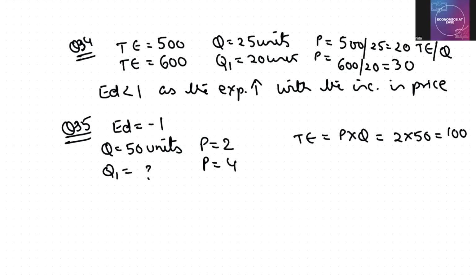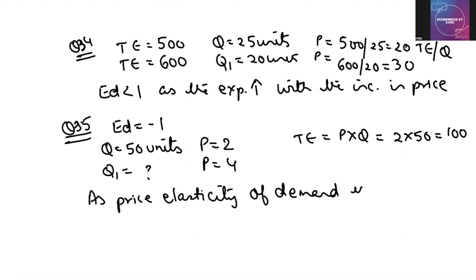सो व्हाट वी विल डू, वी विल जस्ट राइट हियर एज प्राइस इलास्टिसिटी ऑफ डिमांड. कैलकुलेशन की जरूरत नहीं है. इज -1, दैट इज गिवन इन द क्वेश्चन.